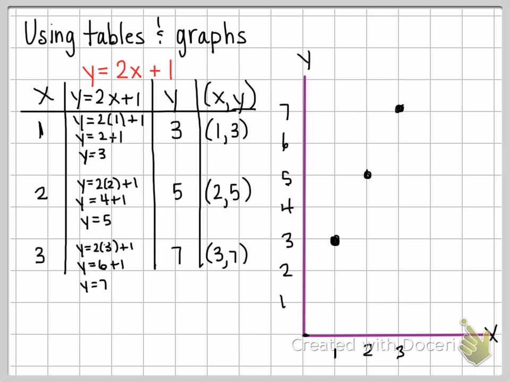And you can see the relationship for this graph goes in a straight line. And will continue that way as it goes through. So you can also use tables and graphs to show the relationship between the two variables in an equation.